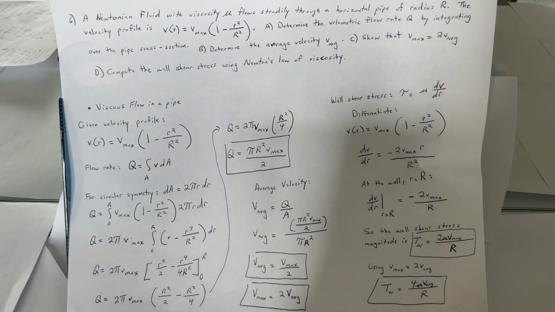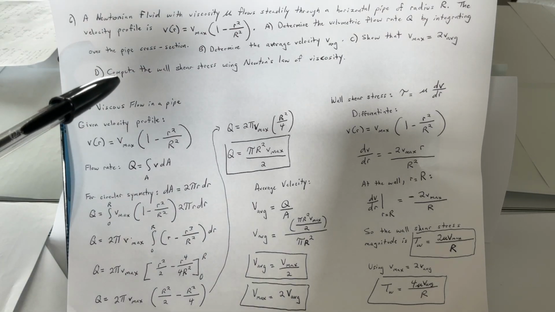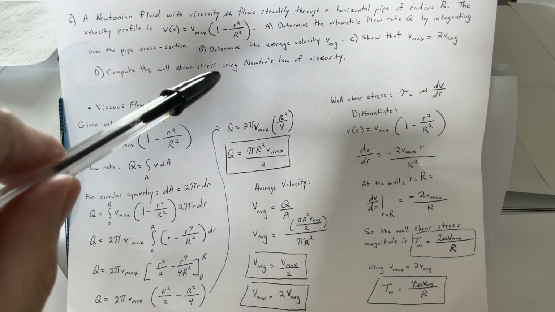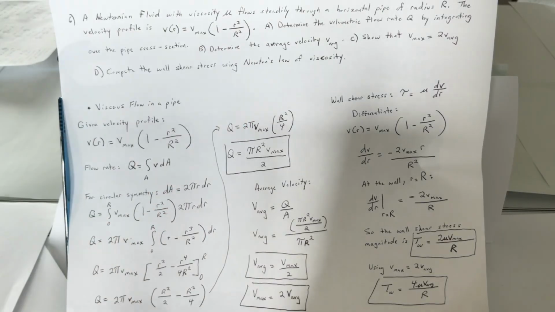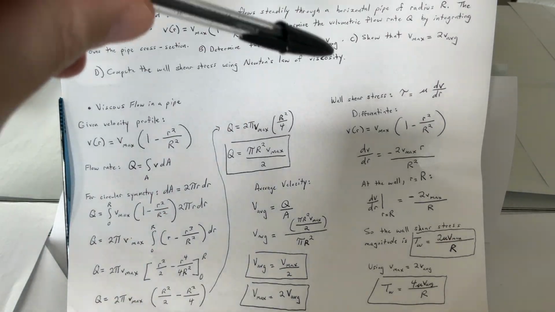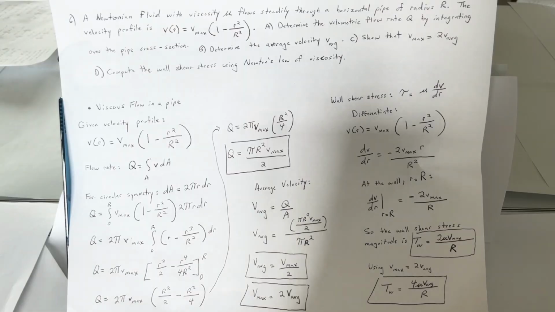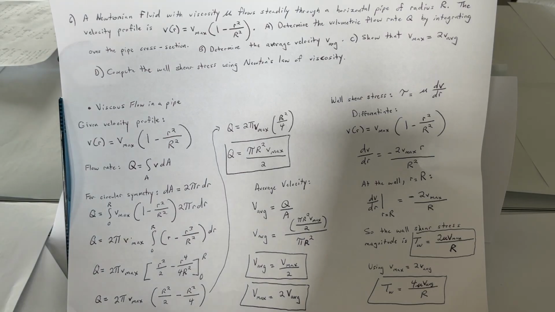Okay, and for part D, compute the wall shear stress using Newton's law of viscosity. So that's this section here. The wall shear stress, tau, equals the viscosity times the derivative of V with respect to r. So we differentiate V of r.